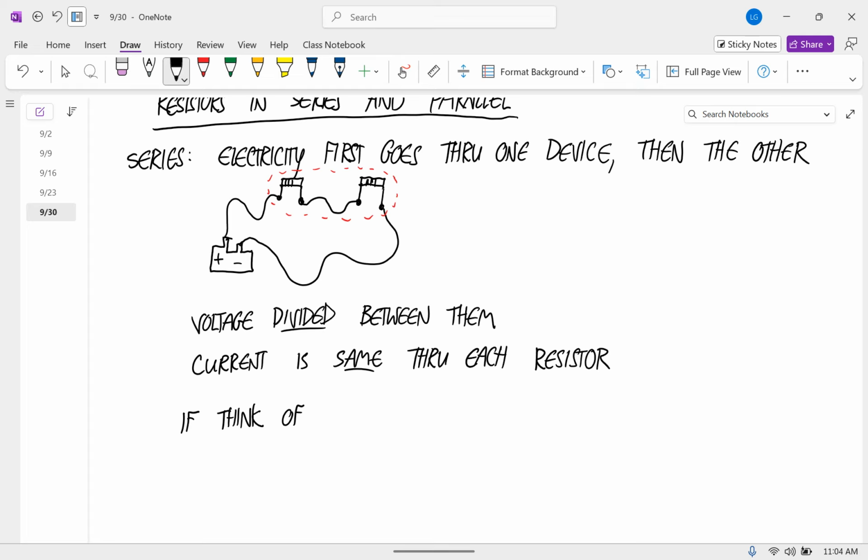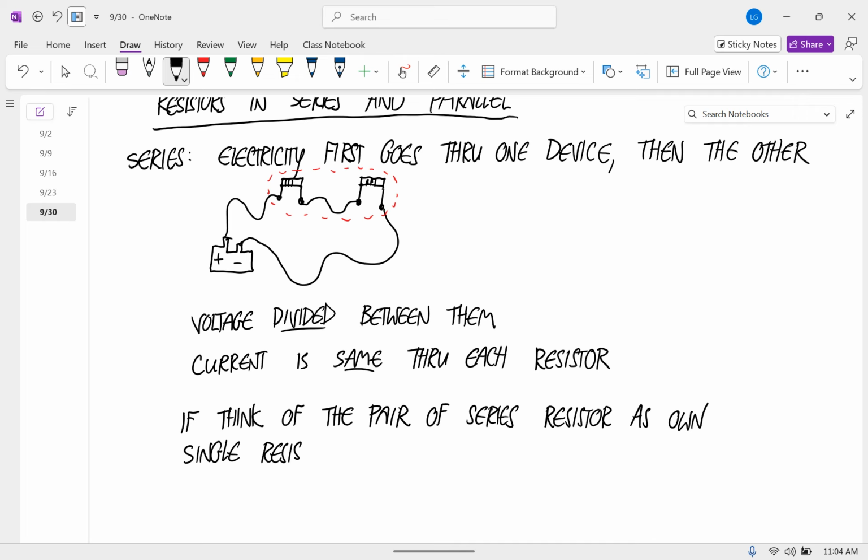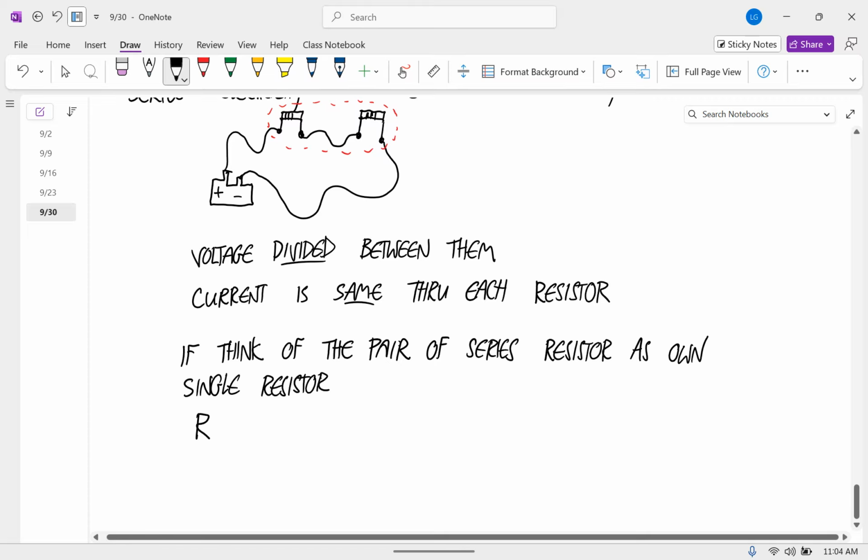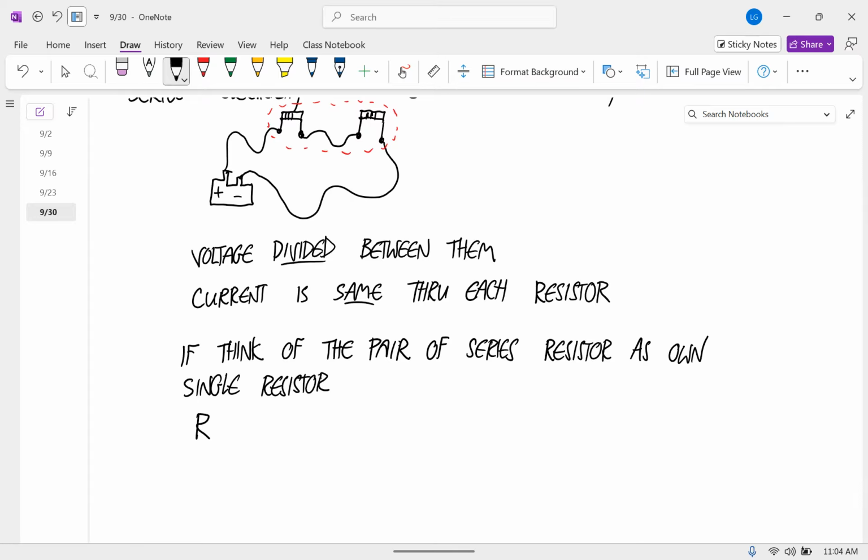If you think of the pair of series resistors as its own single resistor, then the total resistance of the packaged thing is equal to the sum of the two individual ones.